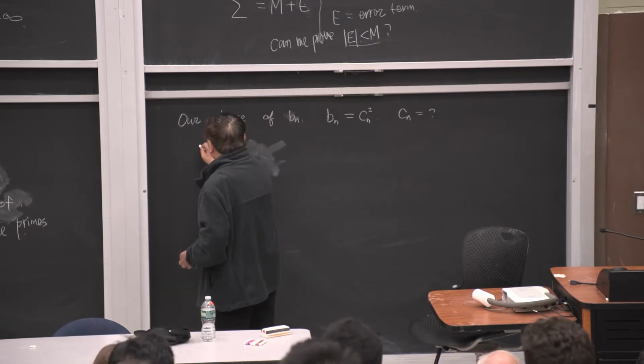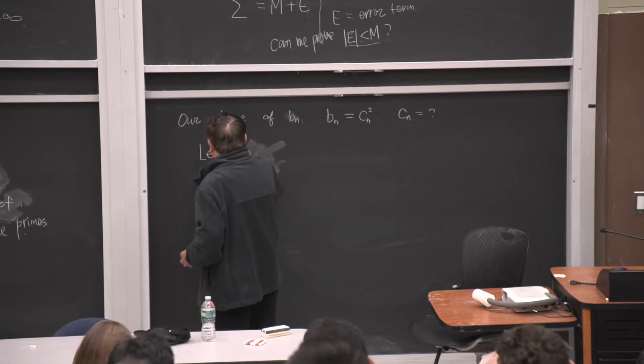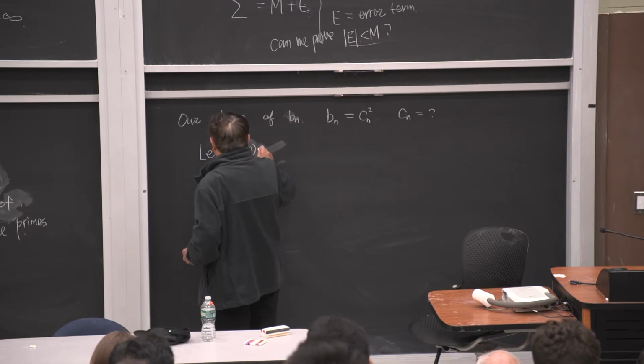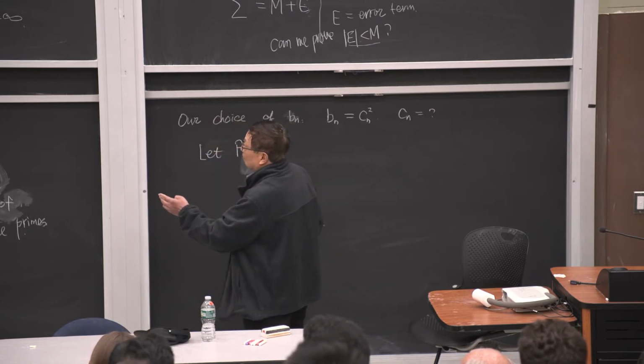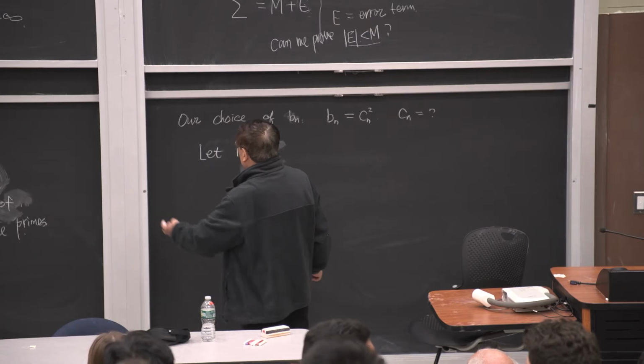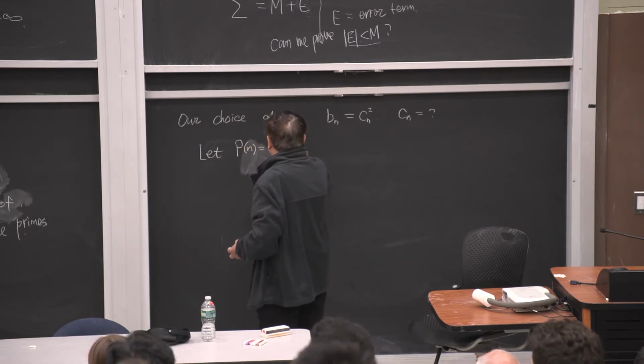So let capital P of n equal to, remember we at least introduced the A0, it is the product.